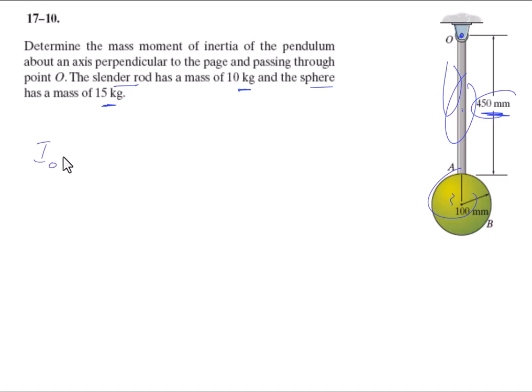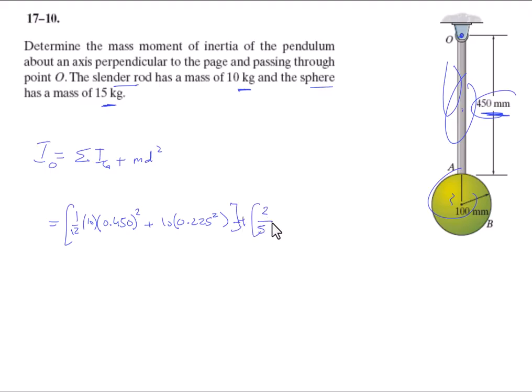As we see in the book, I_O is the summation of the moment of inertia about G plus m d squared. So this is 1/12 times 10 times 0.45 squared plus 10 times 0.225 squared. And then for the sphere, 2/5 of 15, the mass, times 0.1 squared plus 15 times 0.55 squared. This will be 5.27 kilogram meter squared.